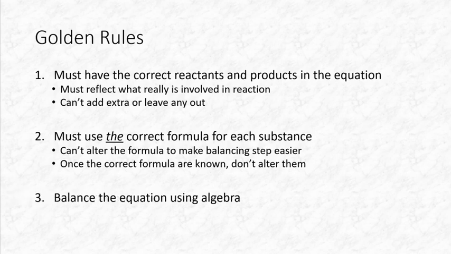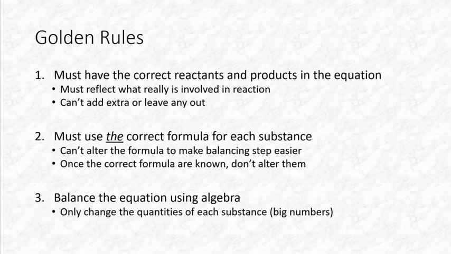Once we've written those down, we can balance the equation, and we use algebra to do that. In other words, we balance up the number of each element. And then we can only change the quantities of each substance, in other words, the big numbers in front of each substance. We can't change the formula itself.